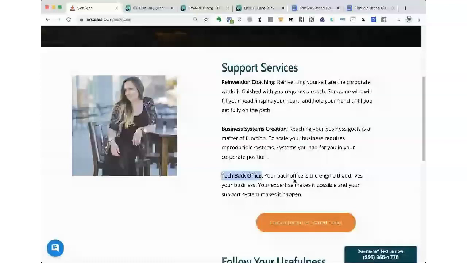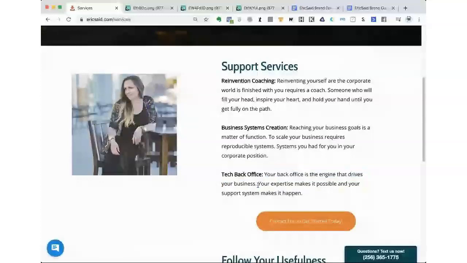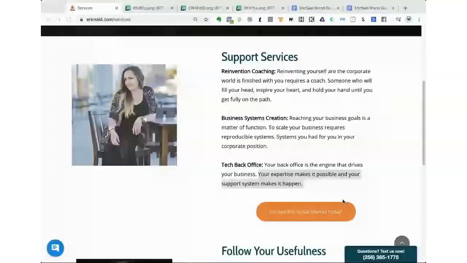We're not an accounting office. We don't do HR. We don't do that, but we provide a tech back office. Okay. And this is language coming from the corporate world. Everybody's aware of this. Are y'all following along here?